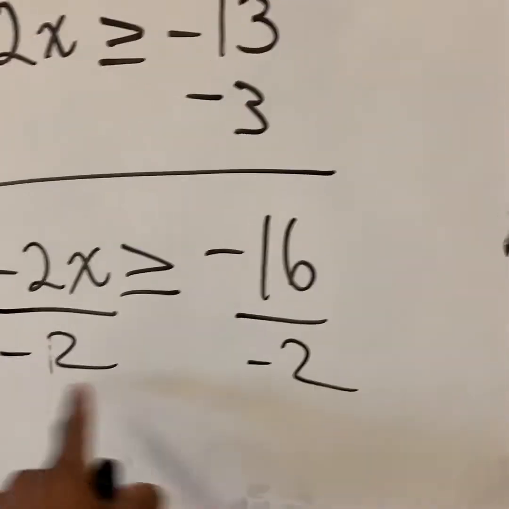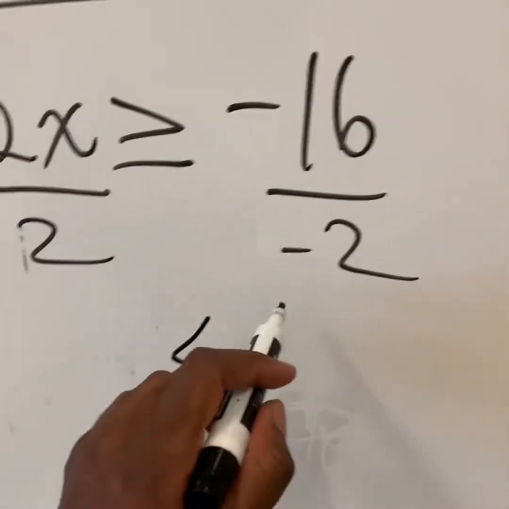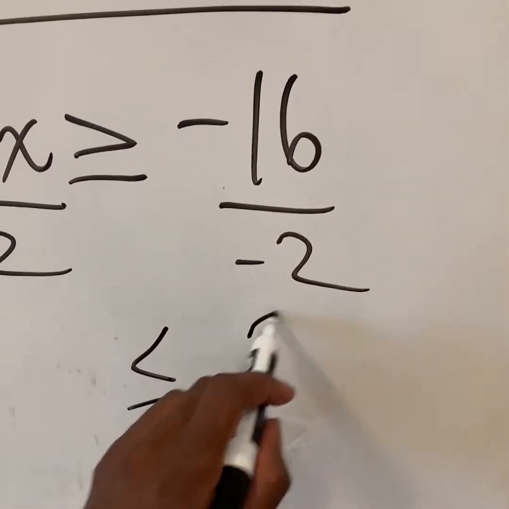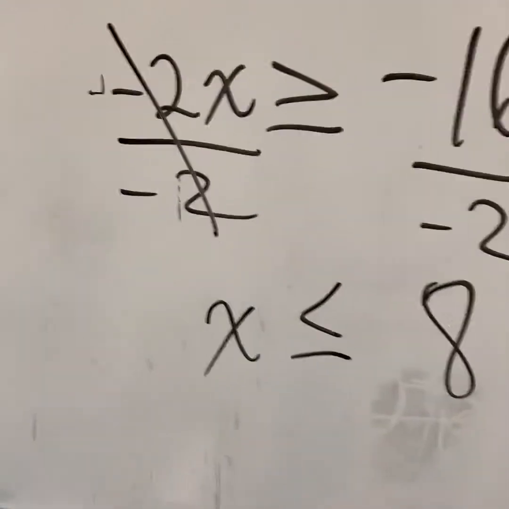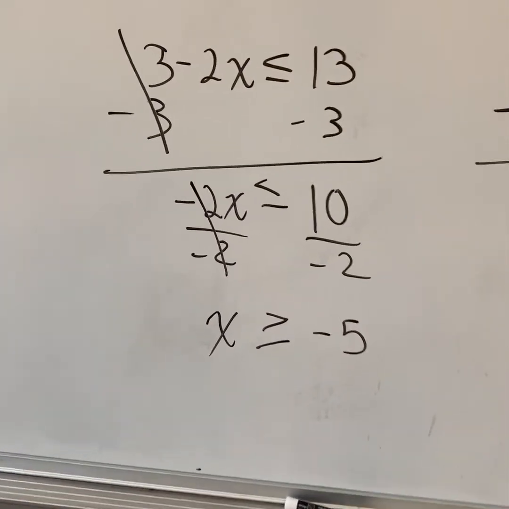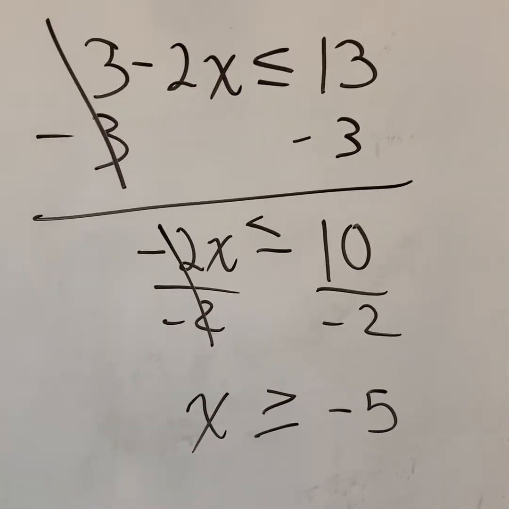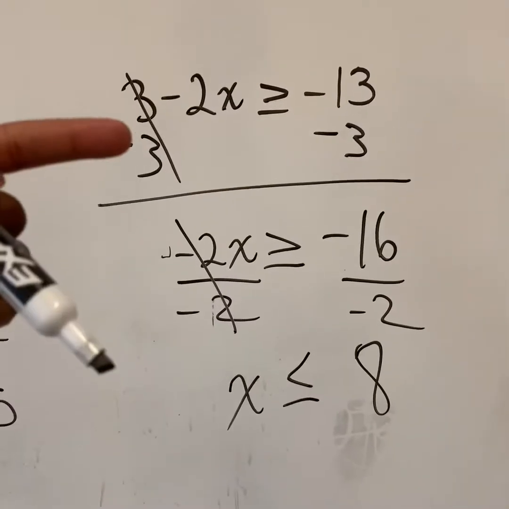Remember, I divided by a negative number. I flip that sign around. Negative divided by negative is a positive. Those are gone, and boom. There's the other one. One side gives you this. The other side gives you this.